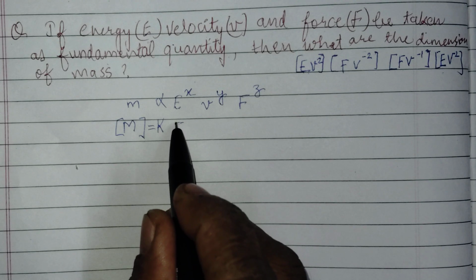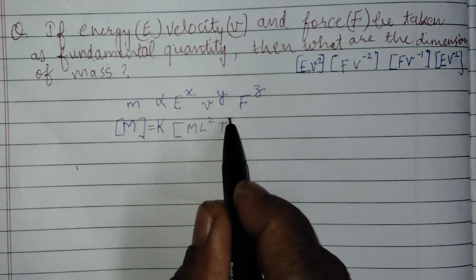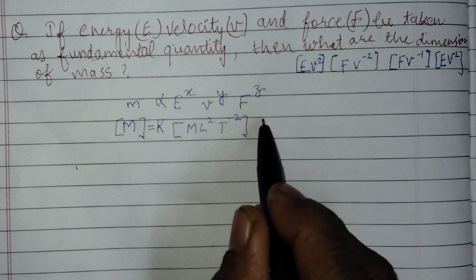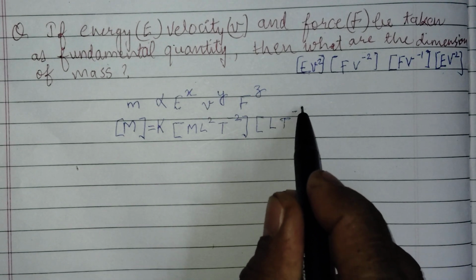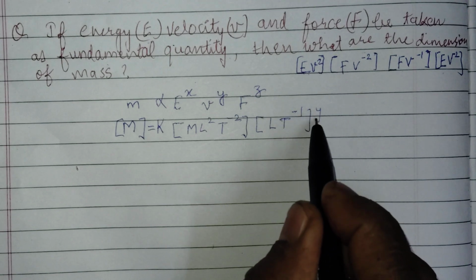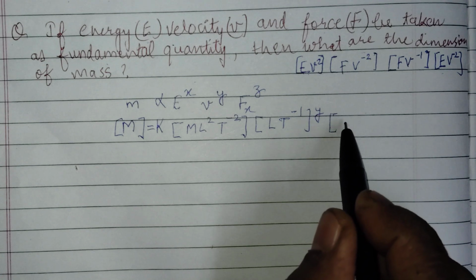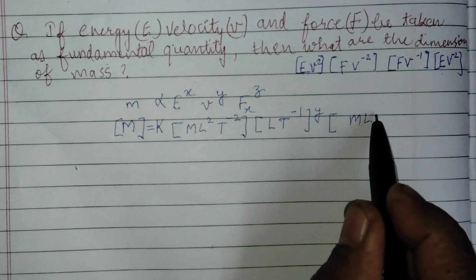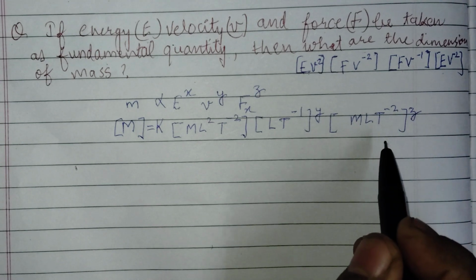Energy dimension we write as M L squared T to the power minus 2, and velocity dimension we write as L T to the power minus 1. Its power is y, energy power is x, and force dimension is M L T to the power minus 2 with power z.